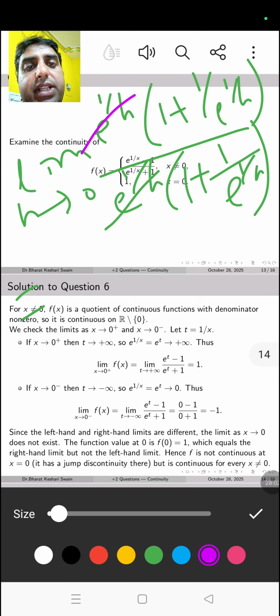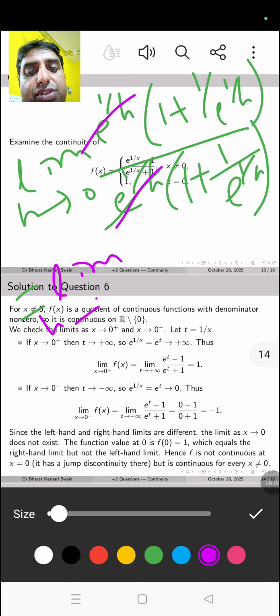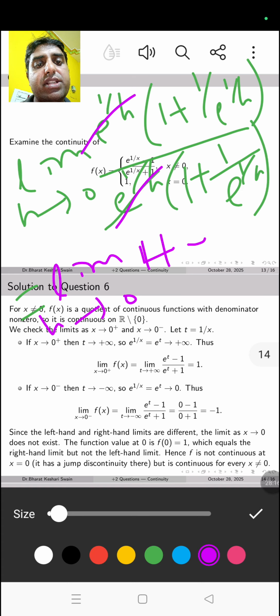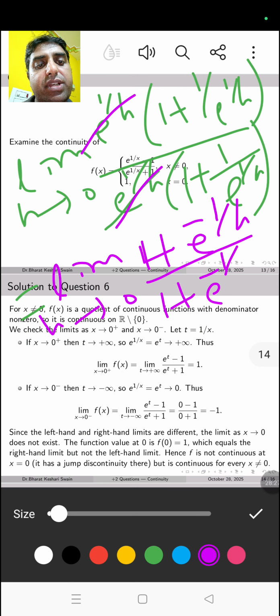Now e to the power 1 by h, e to the power 1 by h cancel. Now see here, limit h tends to 0, this is 1 plus, so 1 by e to the power 1 by h means e to the power minus 1 by h. Taking this term to the numerator, it will be minus, divided by 1 plus e to the power minus 1 by h.